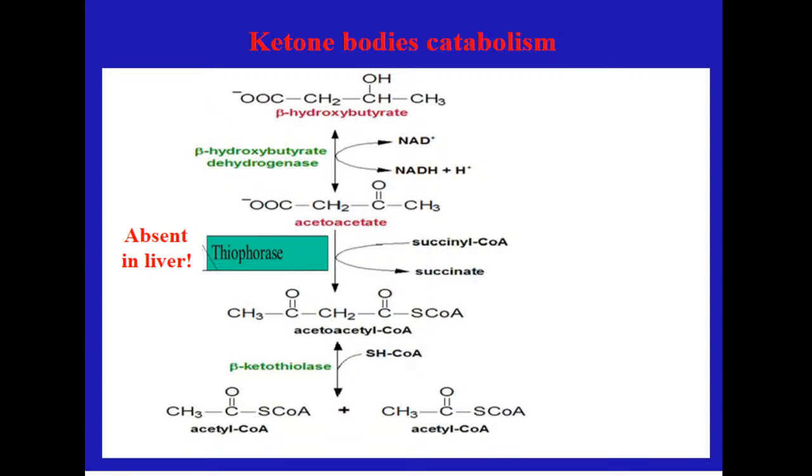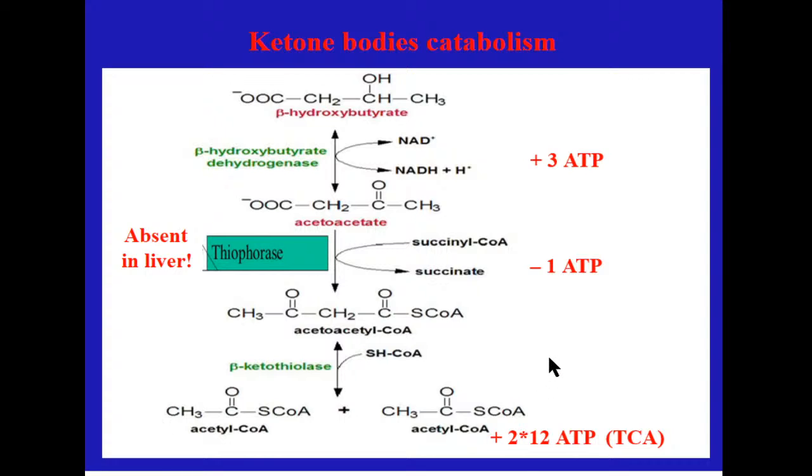Let's discuss the energetic effect of the process. Beta-hydroxybutyrate molecules, when oxidized at the first reaction of dehydrogenation, will give 3 ATP. Then we need to calculate minus 1 ATP for the activation of acetoacetate by losing 1 GTP in the citric acid cycle, and 2 acetyl-CoA in the citric acid cycle.